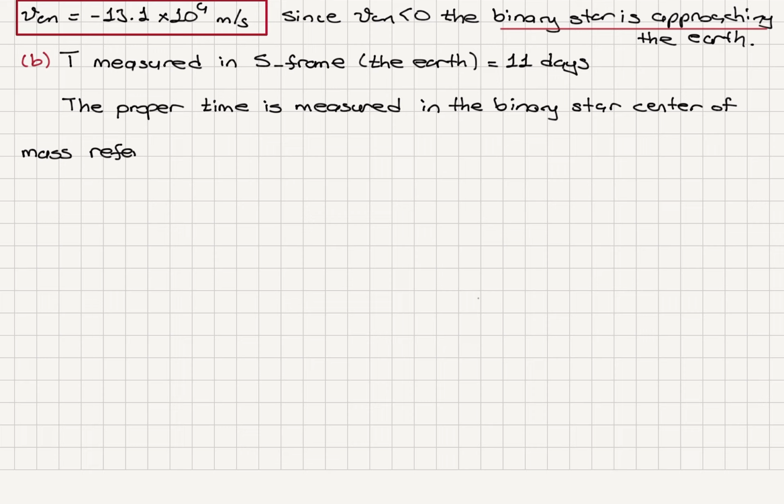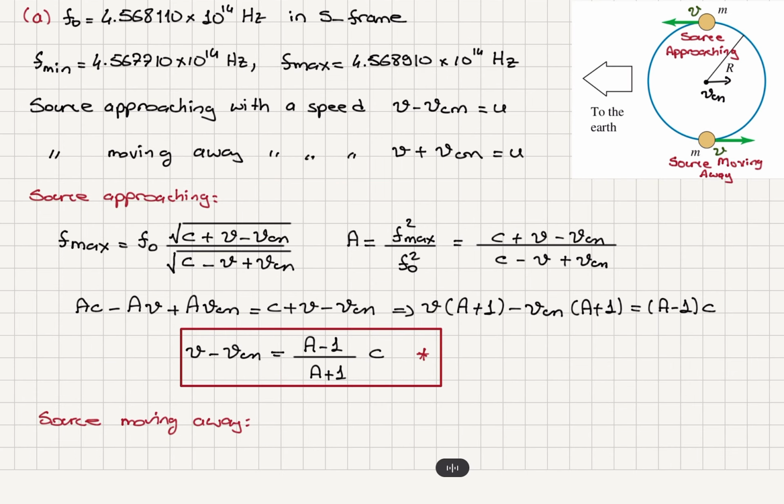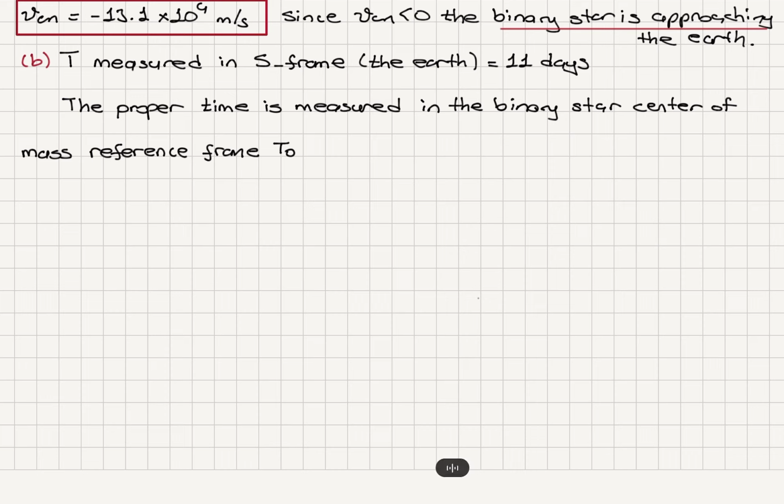We have an observer sitting in the center of mass reference frame, looking at the same position in space with respect to the center of mass and noting the passage of a binary star. So we have a report of this star passing according to the center of mass observer, and then it comes down and goes back again, and it's passing again the same location. Therefore, the center of mass reference frame would be measuring the proper time.